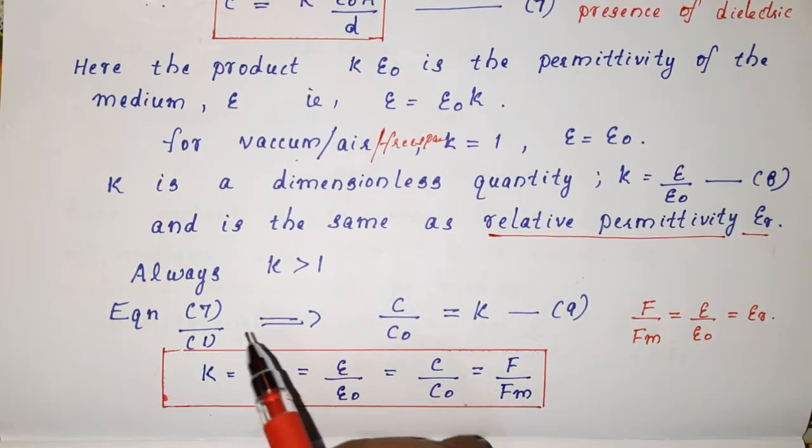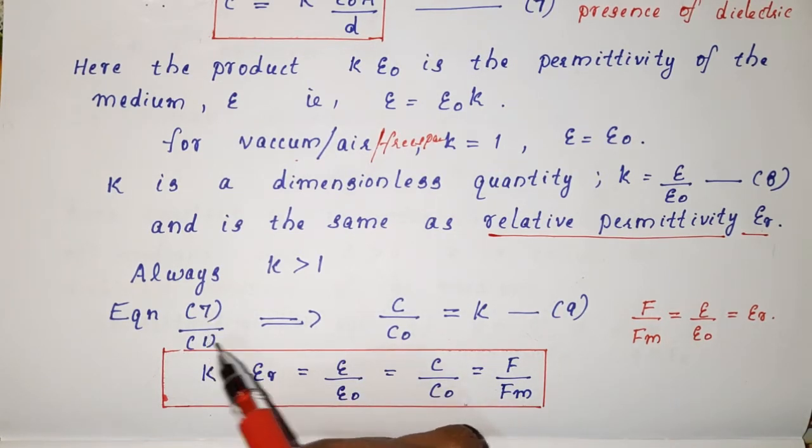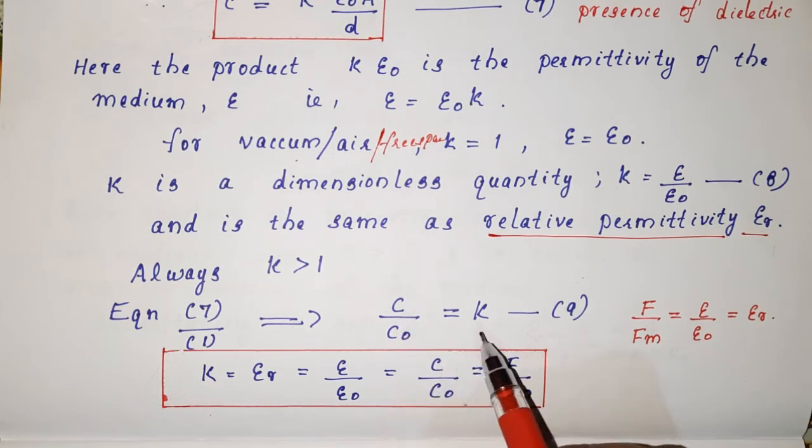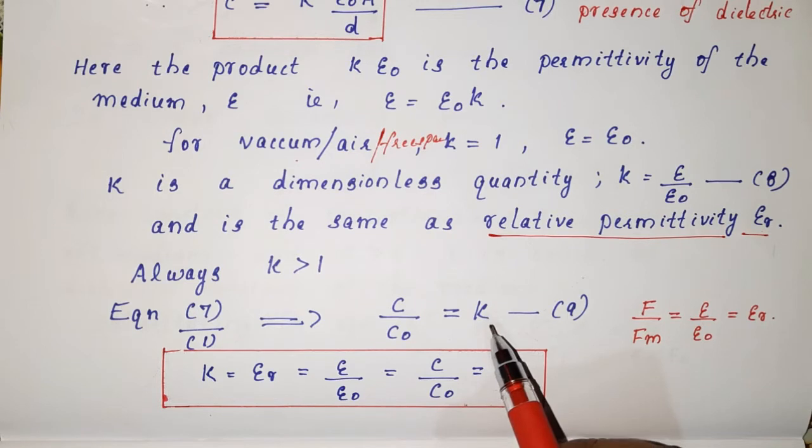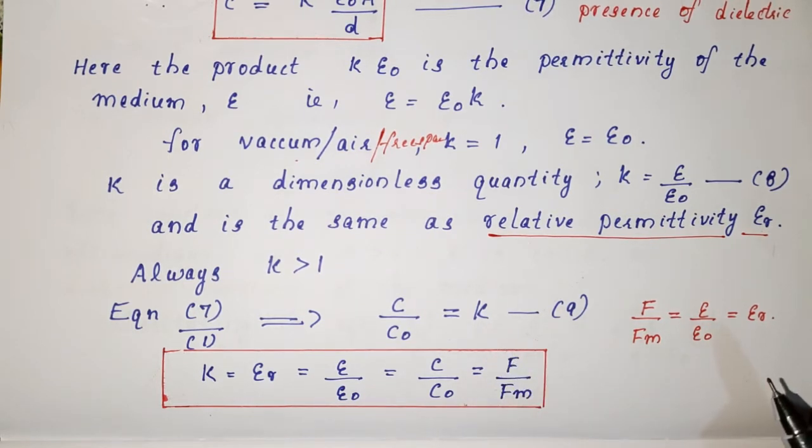By dividing equation 7 with equation 1, we have C by C0 equal to K. Another expression for this K is epsilon R, the relative permittivity. So we are combining all the expressions. K is the same as epsilon R, the same as epsilon by epsilon 0, the same as C by C0, and the same as F by Fm.